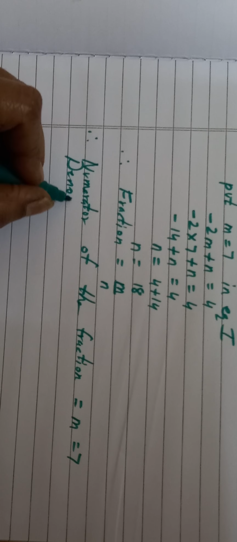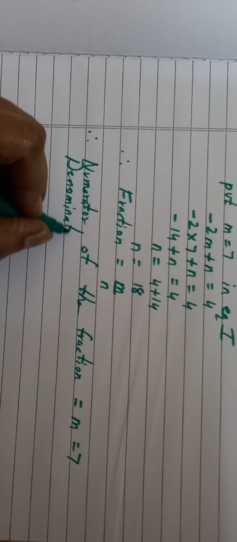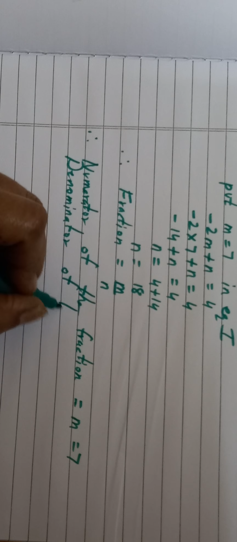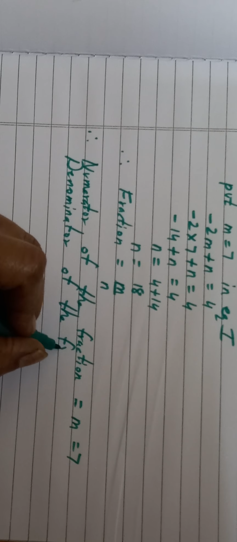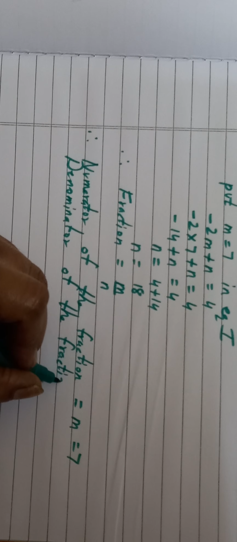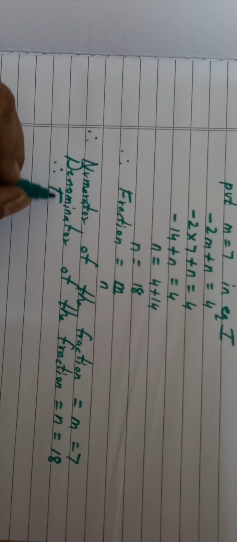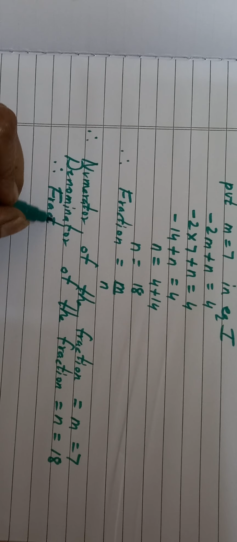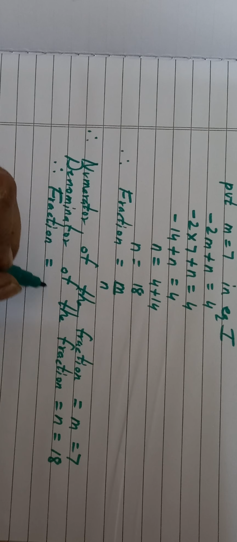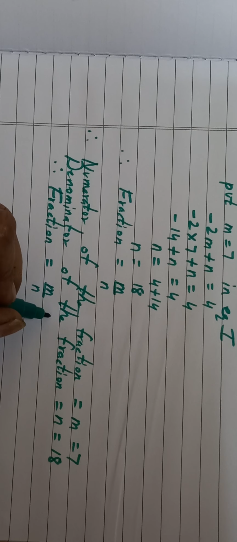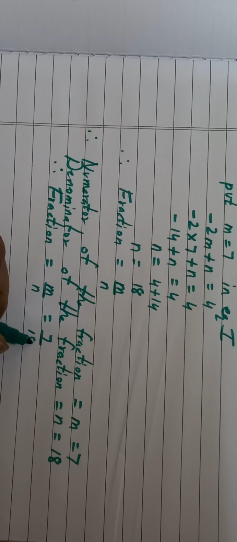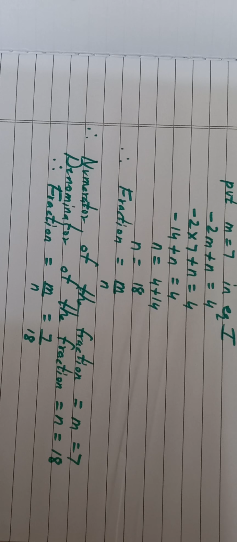Denominator of the fraction is equal to n, which is 18. Therefore, fraction is equal to m upon n, 7 upon 18. So this way we have to solve sums which are based on fractions.